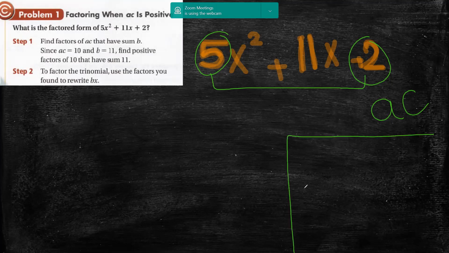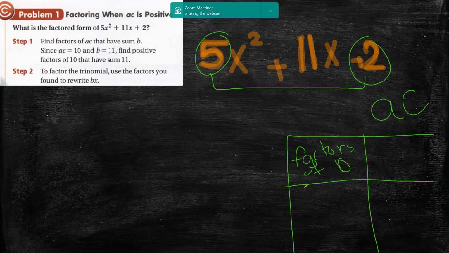Then I will make the table and I will write in this table the factors of 10. In the previous lesson, we just wrote the factors of c. Here, we will write the factors of a times c, 5 times 2, which is 10. So now, I will write all the pairs of factors that if you multiply them, you get 10.